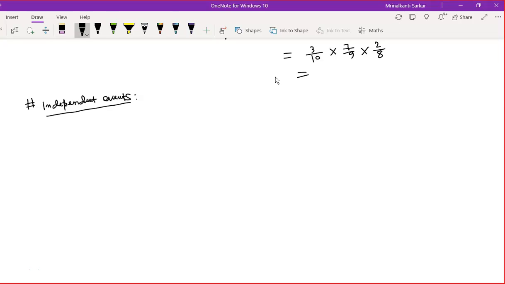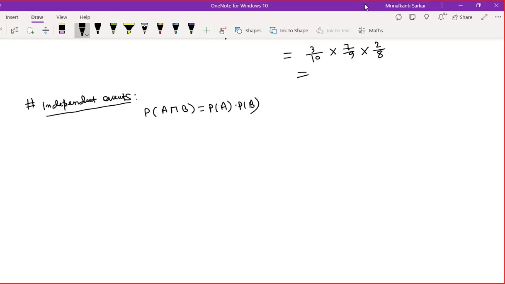Two events A and B are independent if the occurrence of one is independent of the occurrence of the other. Two or more, it may be for more than two events also. So if A and B are independent, you can write P(A intersection B) equal to P(A) into P(B).